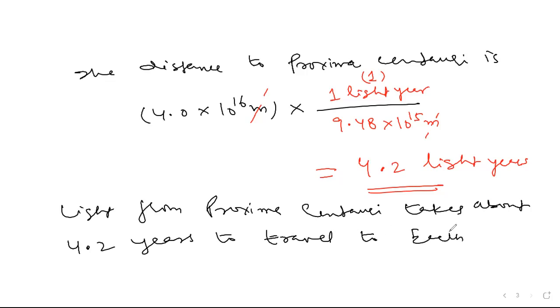To travel to Earth, the distance is 4.2 light years. So it will take 4.2 years to travel to Earth, right?